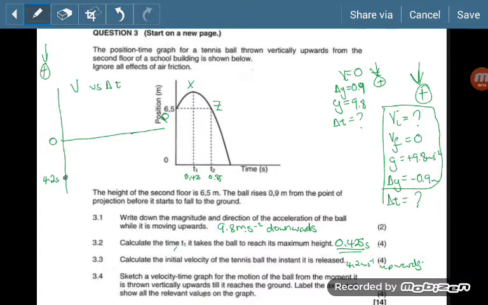Then it is released, it goes up, slowing down, and stops. When it stops, it's at time 0,42 seconds. So this will be our point X. Then it will carry on up to point Z. Point Z, remember the time, we said it's 0,85.